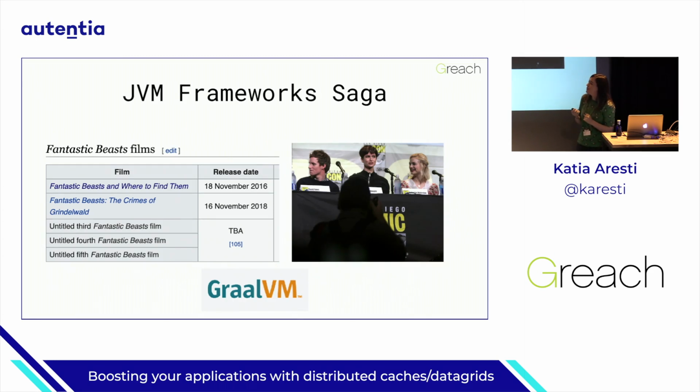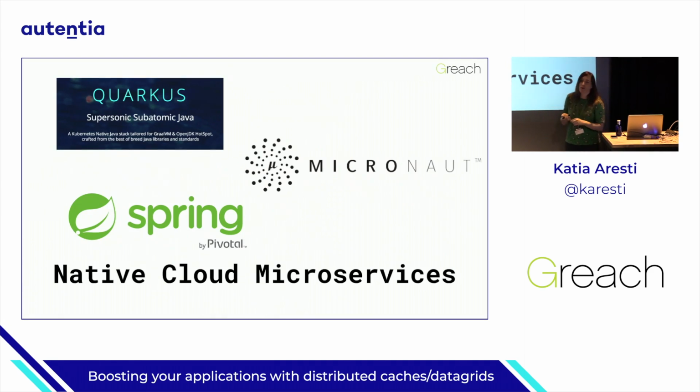But now there's fantastic news that it's coming back with the JVM, and there are so many new frameworks emerging right now. There is Micronaut that I discovered yesterday, and I'm amazed by this framework. It's really good. And there is Quarkus.